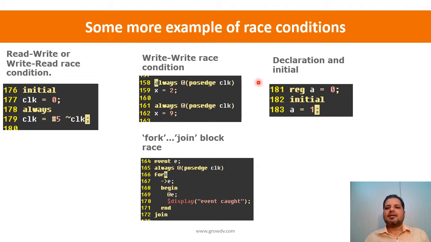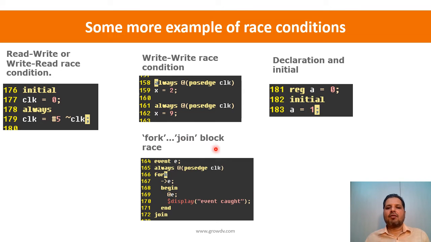And then we have a declaration and an initial block. Whether the initial block gets executed first or the declaration-based initialization does, there can be a race, and depending on the order, the value that gets initialized could be different.